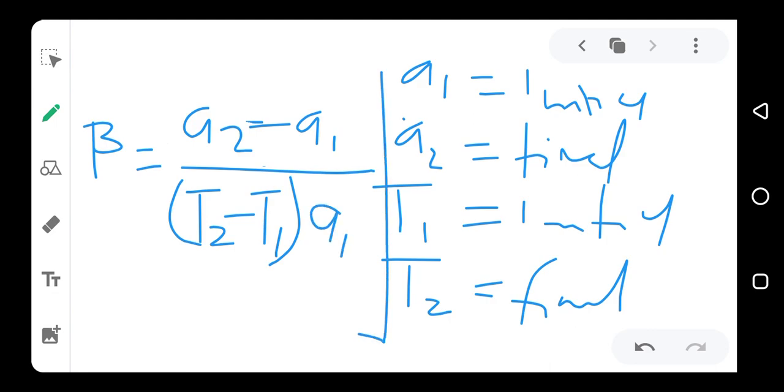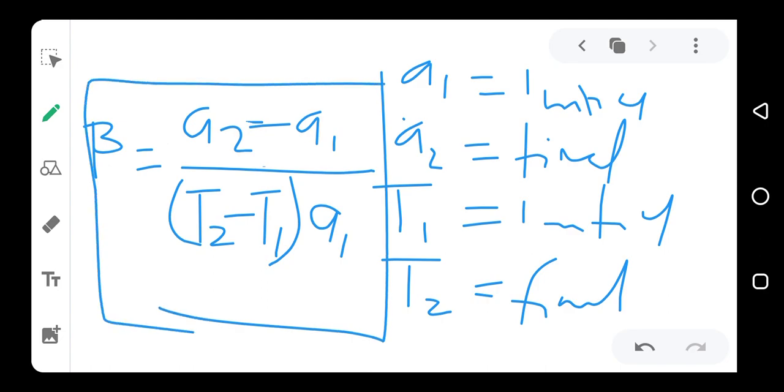So this is the formula for area expansivity, and the unit again is per Kelvin.